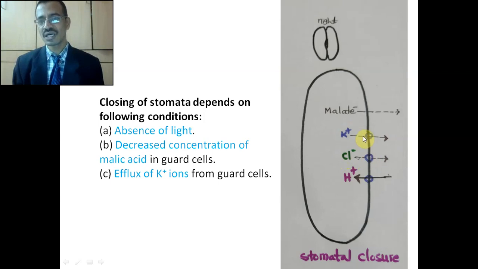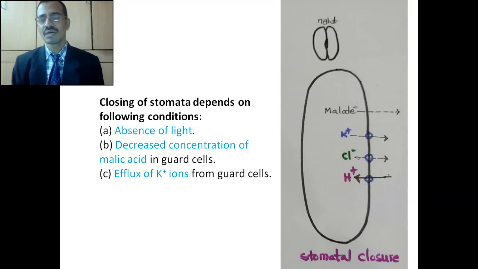In reverse to the potassium and chloride ion transport, the transport of the hydrogen ions occurs. That means the hydrogen ions enter into the guard cells during the night time, which leads to an increase in the acidity. And we can also observe an increase in the content of carbon dioxide, because during the night time photosynthesis is stopped.